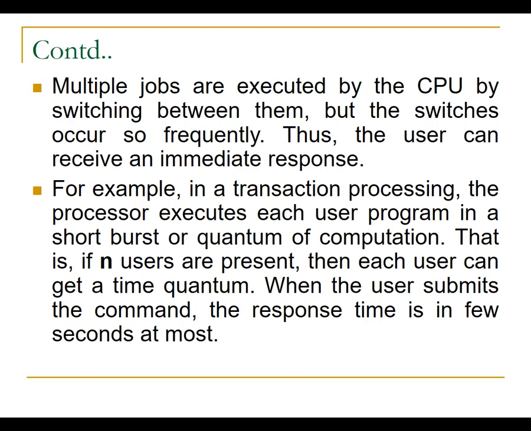Previous central processing units are not capable of handling multiple jobs at the same time. That means they can accept multiple jobs, but they queue up all those jobs in a sequence.